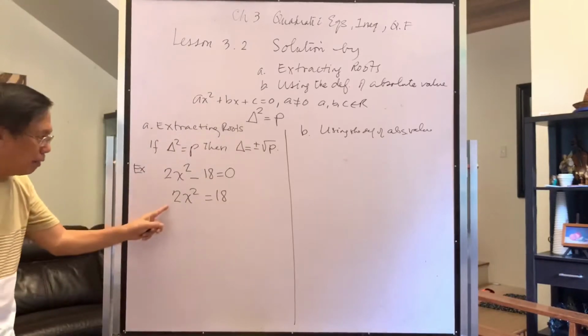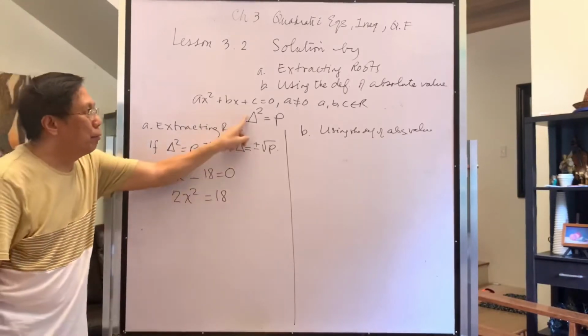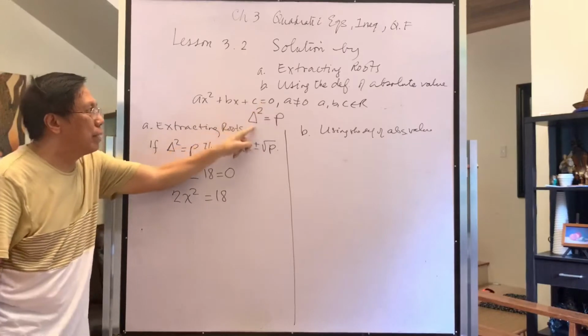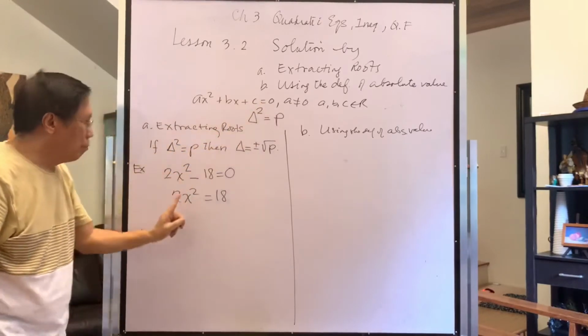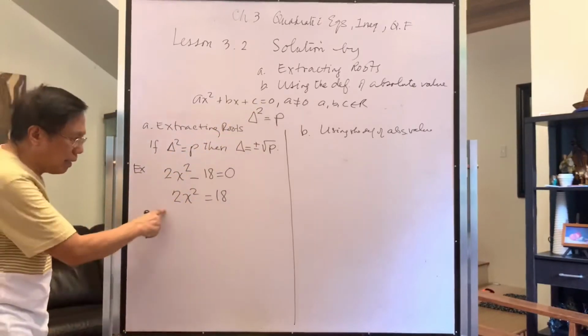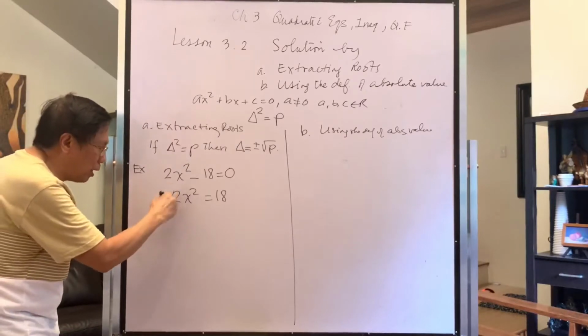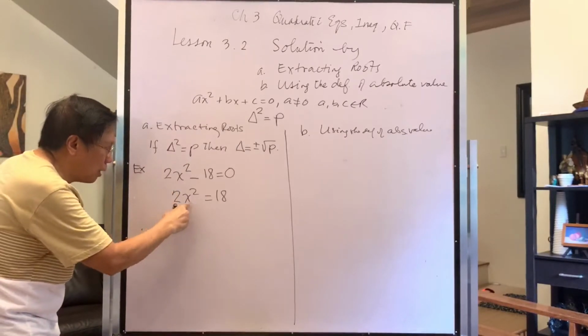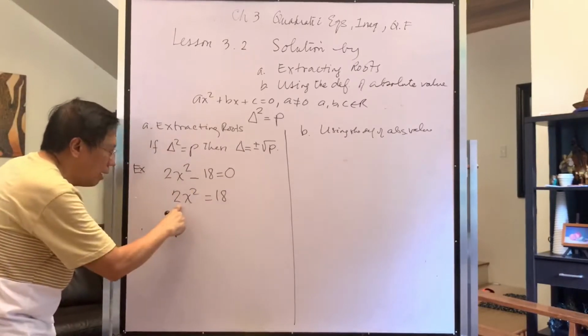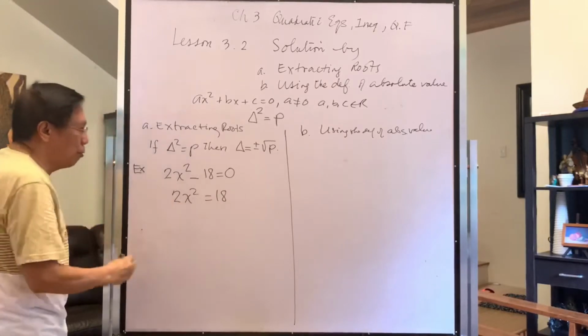But then again, we said that we want to have the coefficient of the squared term be equal to 1. In this case, we want to transform 2 so that this equation will now have this equal to 1.